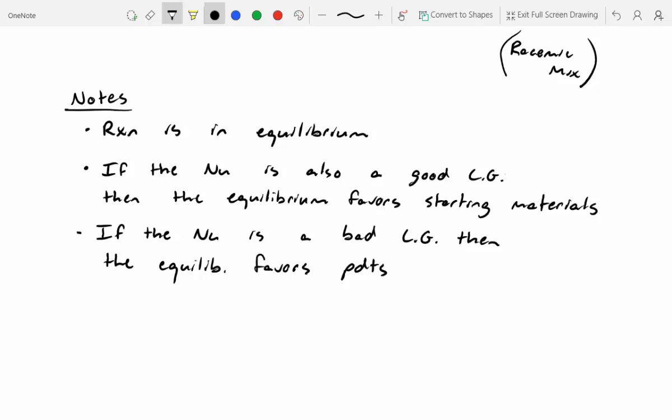The last note is that aldehydes tend to be more reactive and favor products.